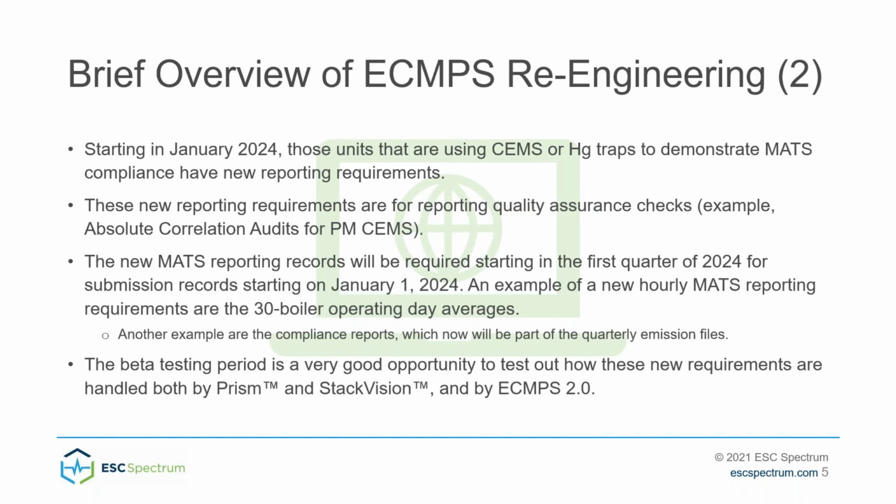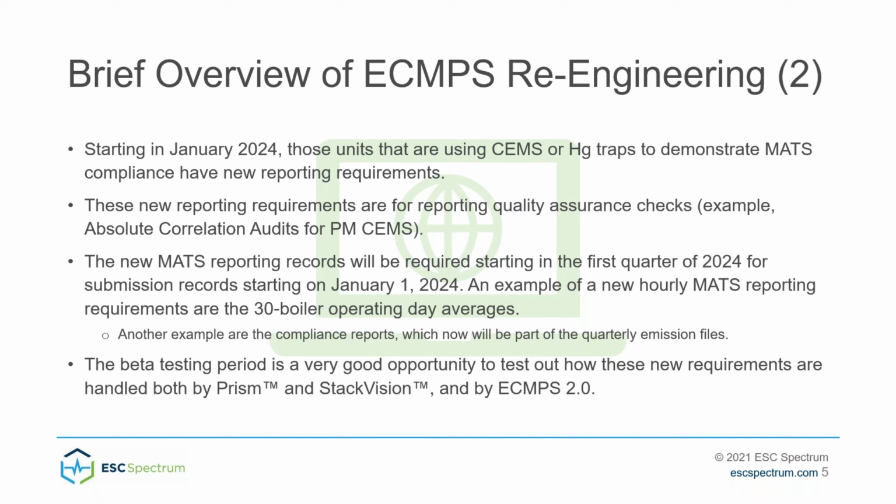Starting in January 2024, those emission units that are using SEMS or mercury traps to demonstrate compliance will have new reporting requirements. Some examples of these new reporting requirements are the quality assurance checks that are required for, for example, PM CEM systems, such as the absolute correlation audit or other quality assurance checks.